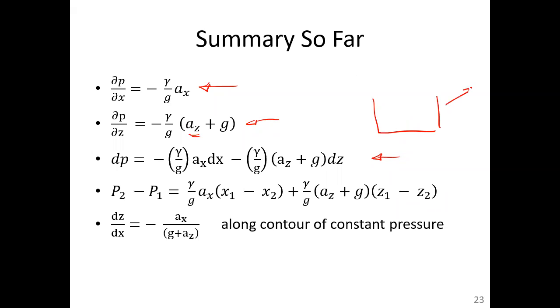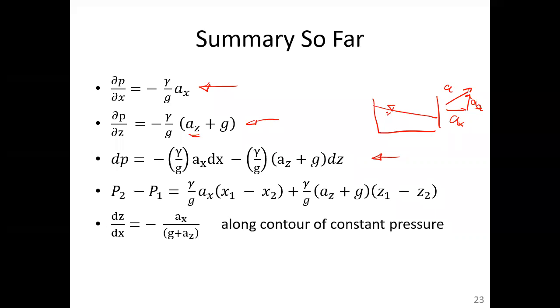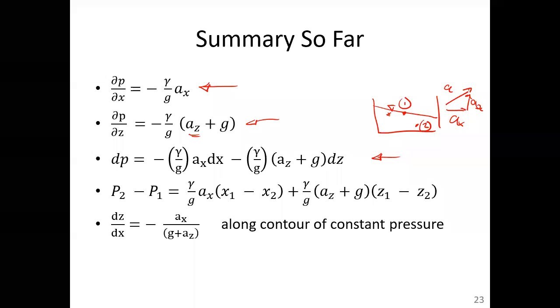So here's some system being accelerated, with components az and ax. And this is our new free surface. If we move from any point 1 to any point 2, we can integrate that third bullet, and that gives us the fourth bullet, where the pressure difference between those 2 points is a function of movement in the horizontal direction, movement in the vertical direction, as well as the acceleration fields in both directions.